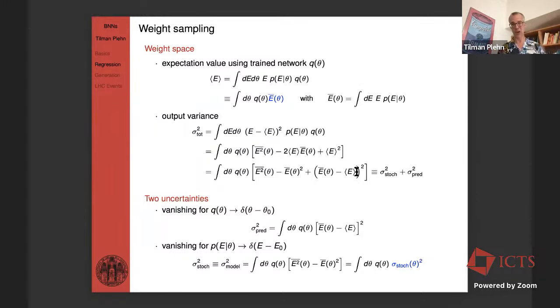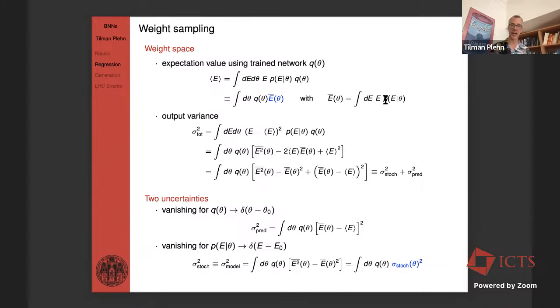Now, the slightly more complicated term is the first one here. Now think, this is E squared bar minus E bar squared. When does that actually vanish? Let's look at the definition of E bar, and you see that it vanishes if P of E becomes a delta distribution. Then E bar squared and E squared bar are the same if the E distribution is a delta.